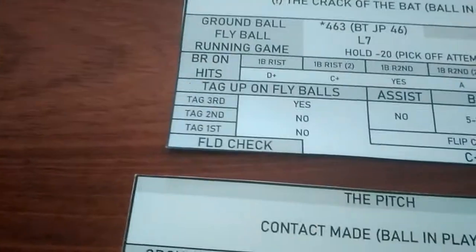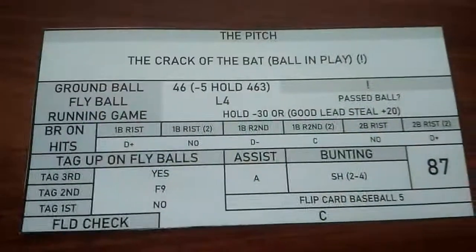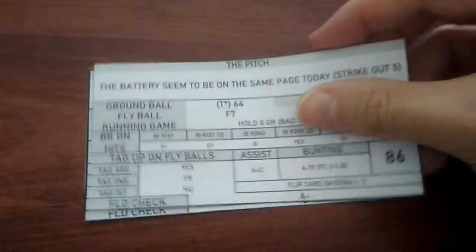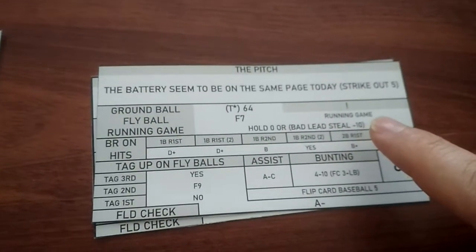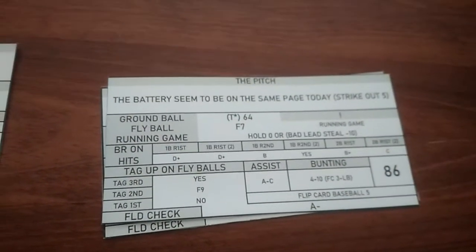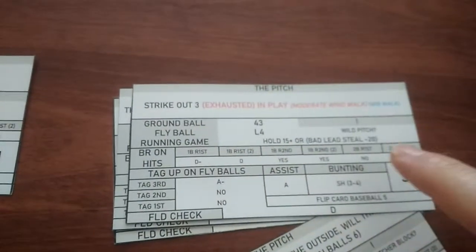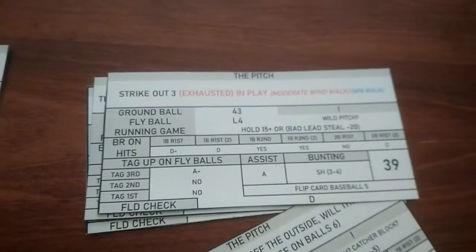Now what do these bring up? Got a couple of cards here with a couple of different scenarios. So first of all, up the top here, pass ball can bring up a running game check. Bring up a wild pitch check.